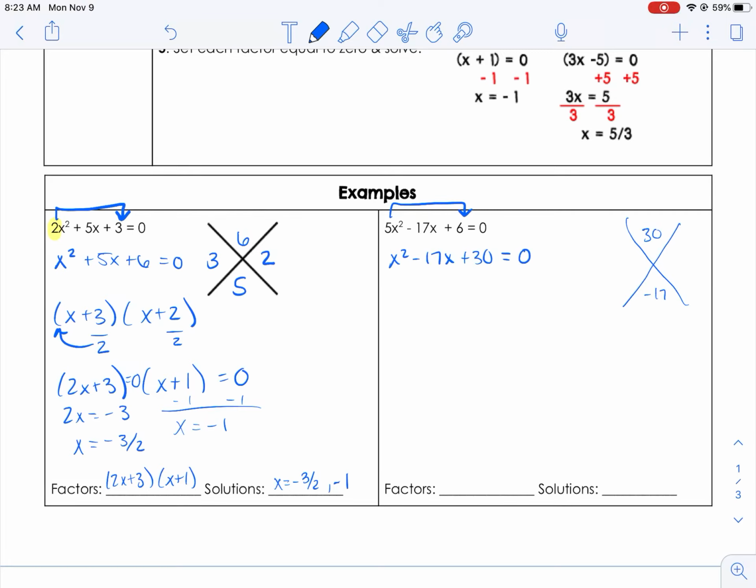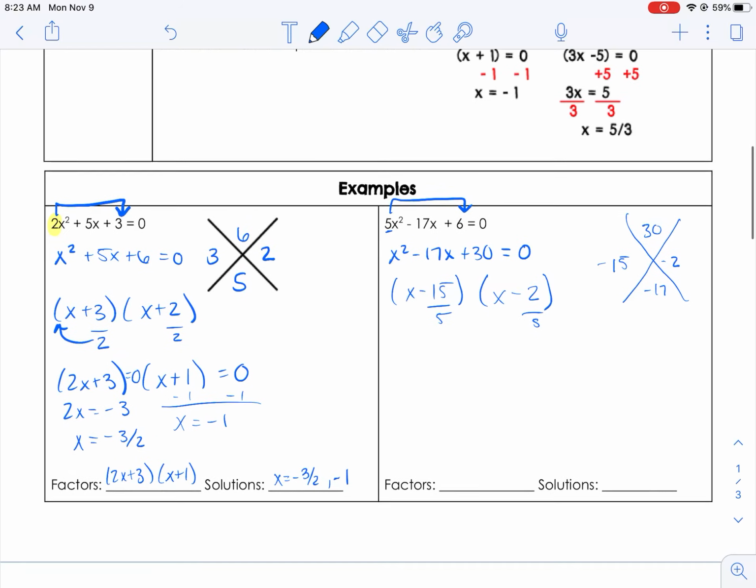So that is going to be 15 and 2. And both of those are going to be negative because we've got a positive 30 and a -17. So our factors right now are going to be x minus 15, x minus 2, and we multiplied by that 5, so we're going to divide both of those by 5 now.